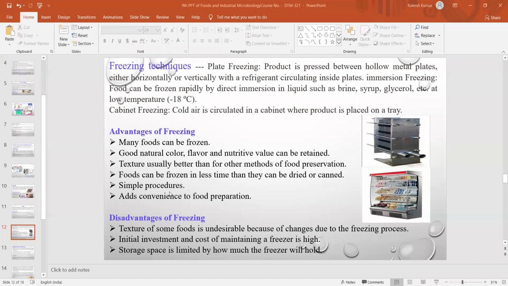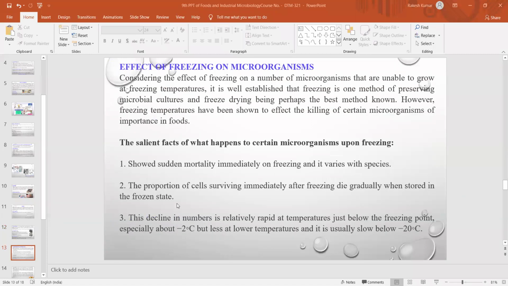It is a simple procedure and adds convenience to food preparation. And what are the disadvantages of the freezing process? The texture of some foods is undesirable because of changes due to the freezing process. The initial investment and cost of maintaining a freezer is high, and storage space is limited by how much the freezer will hold. So these are the advantages and disadvantages of the freezing technique.